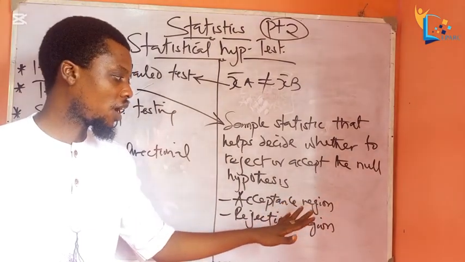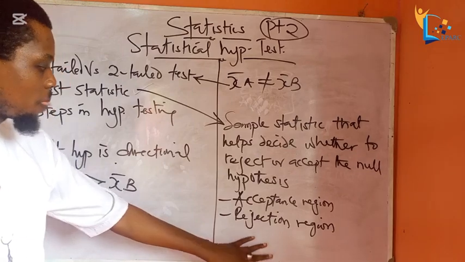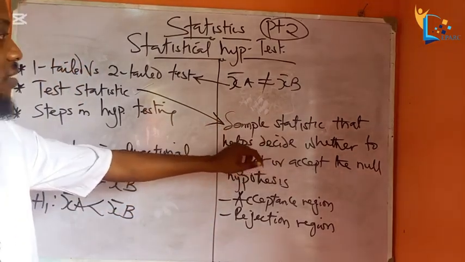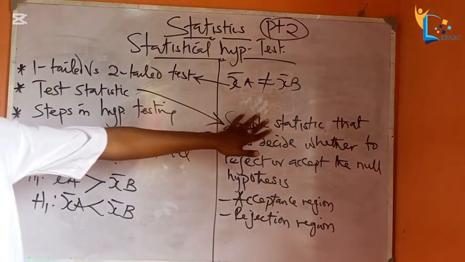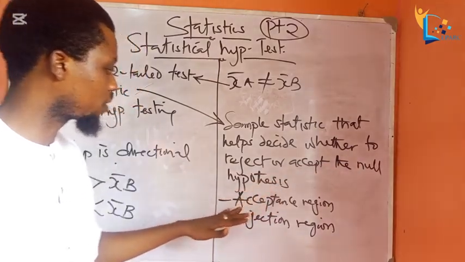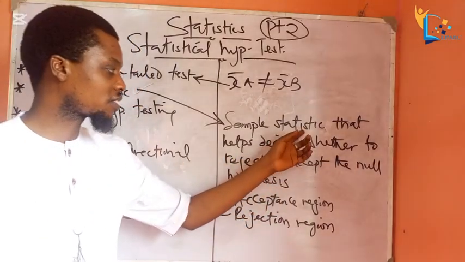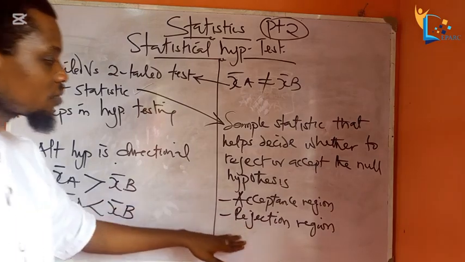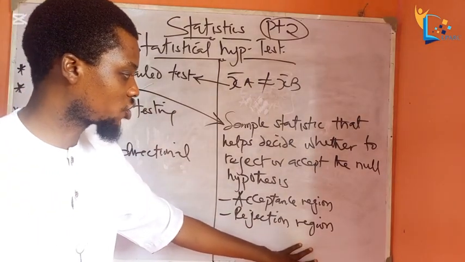Let's proceed. Let me not confuse you. The test statistic is the sample statistic that helps us decide whether to reject or accept the null hypothesis, and its distribution is divided into the acceptance region and the rejection region.